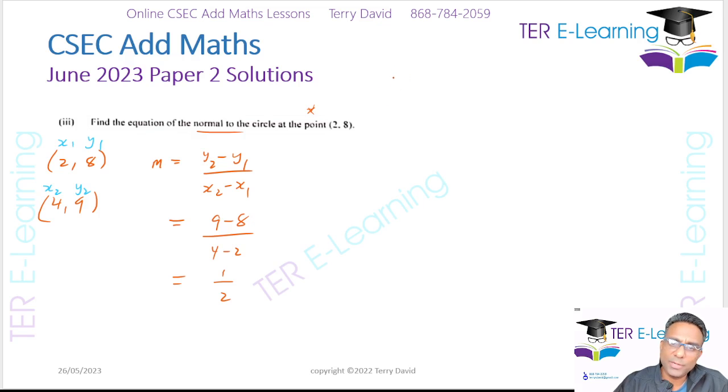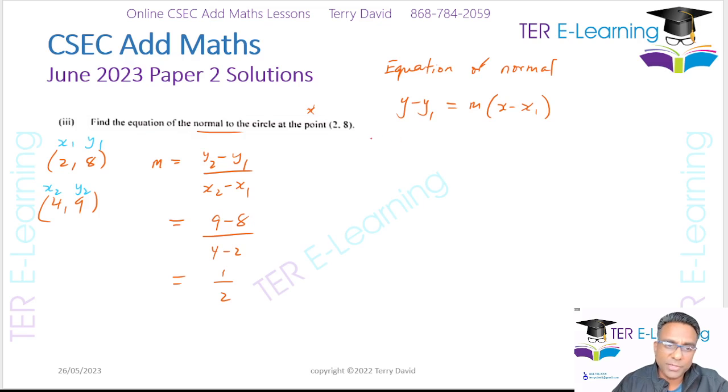So to get the equation of the normal, we can simply use y minus y1 is equal to m into x minus x1, right? We can use either point because both these points lie on this normal. So let's say I use 4, 9.